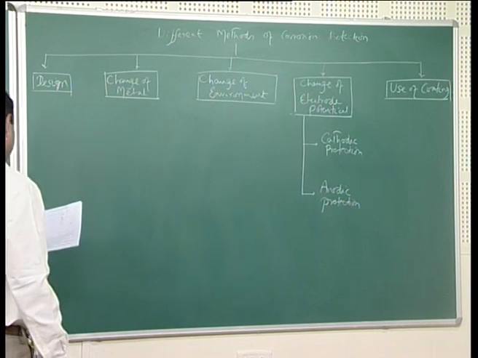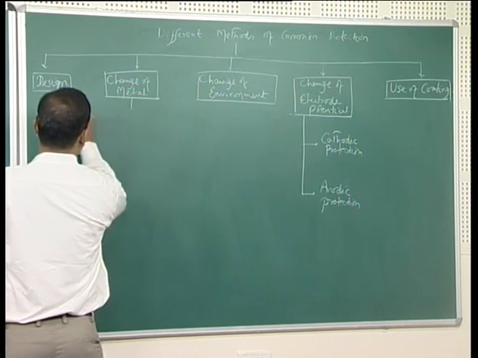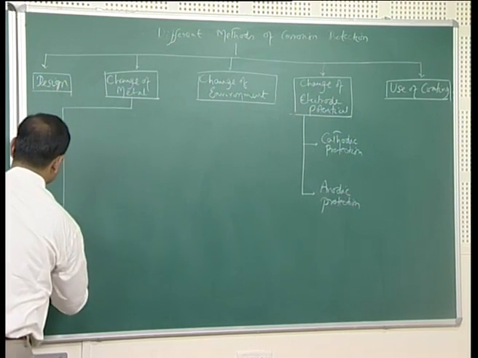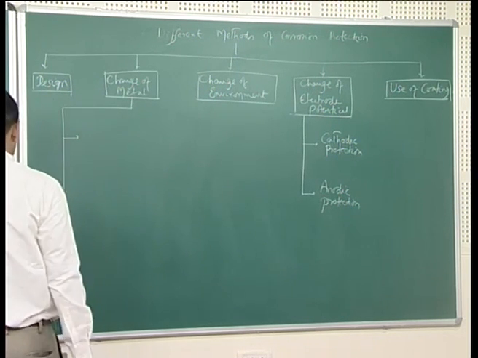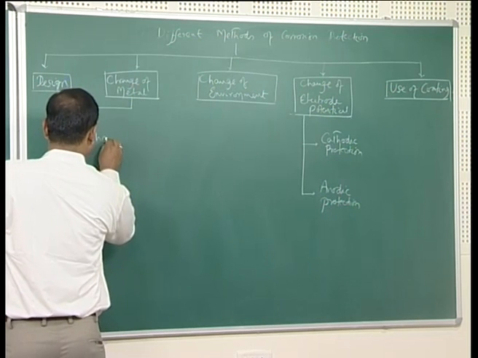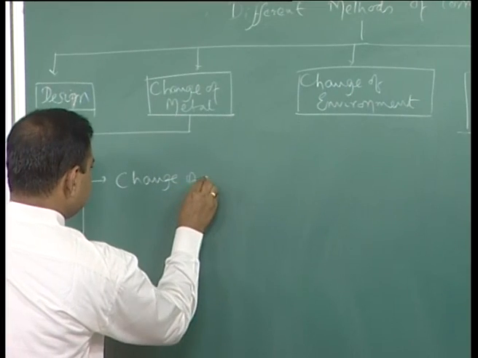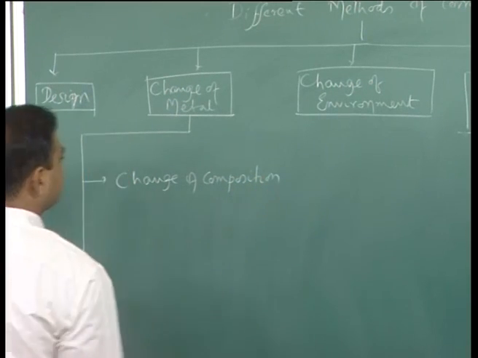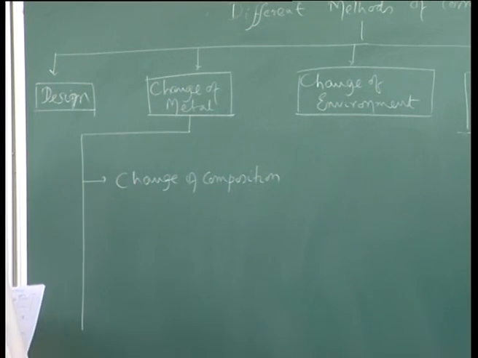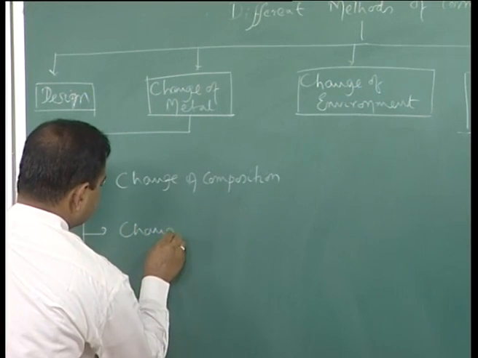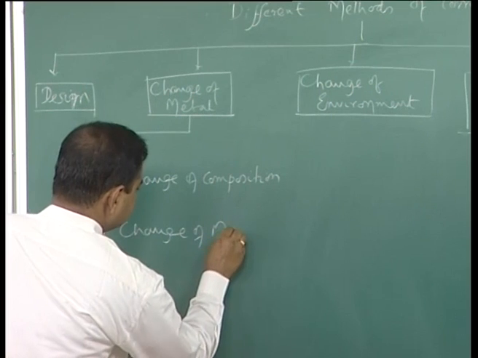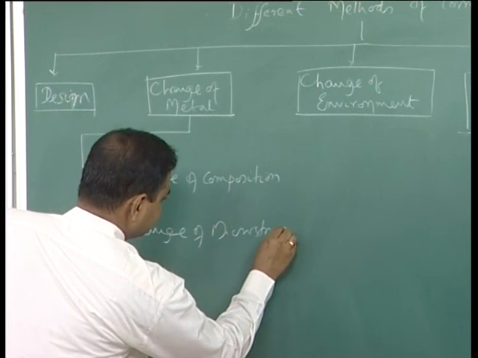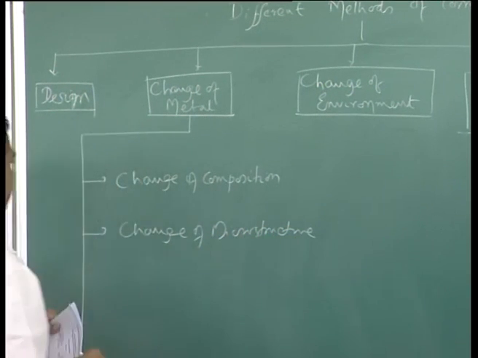Change of metal can have 4 different subsections. One is change of composition, second one is change of microstructure. For example, change of composition.